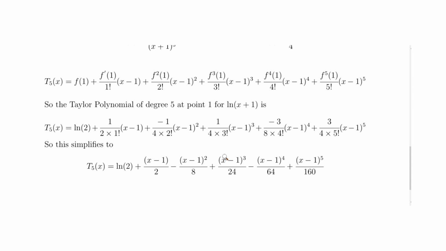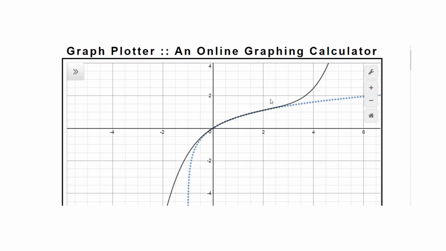So let's put this into a graph and see how accurate it is. The thick black line, that's our Taylor polynomial. And as you can see, it does touch the dotted line, and the dotted line is the function ln of x plus 1. So that's pretty accurate. We were asked to calculate it at point 1, which is here.